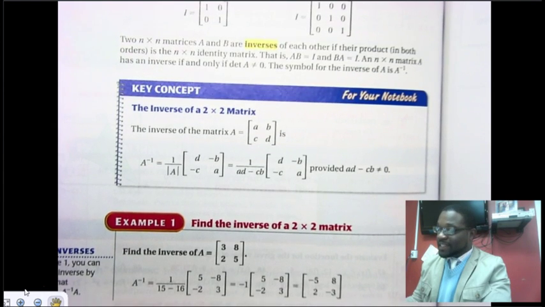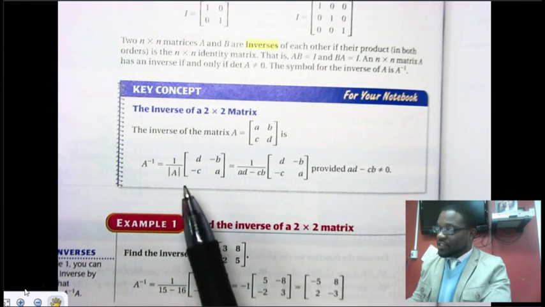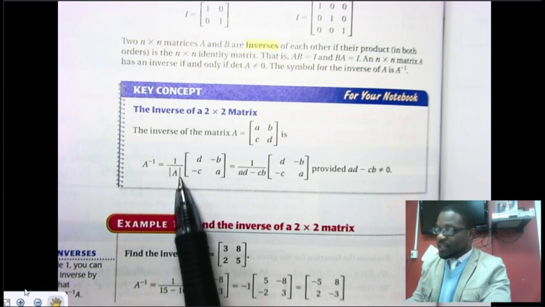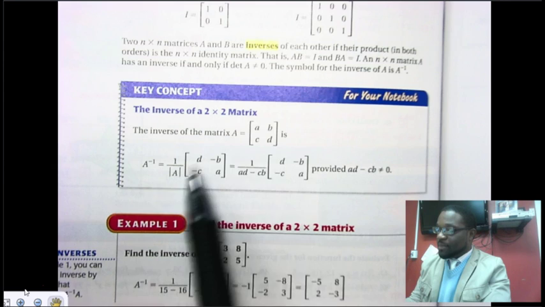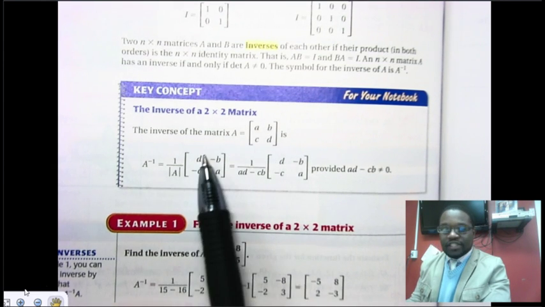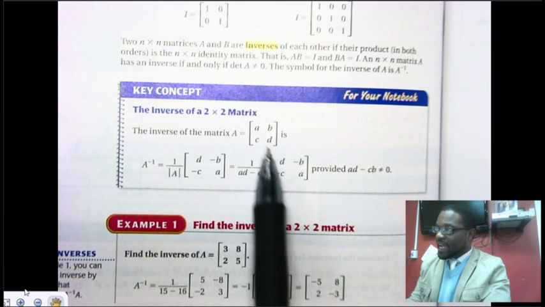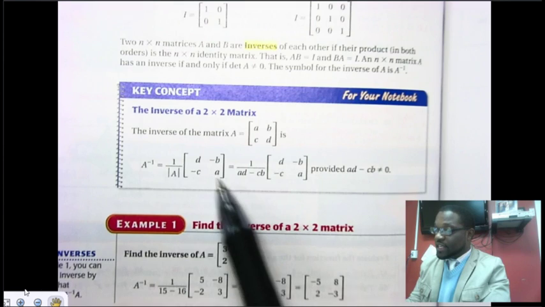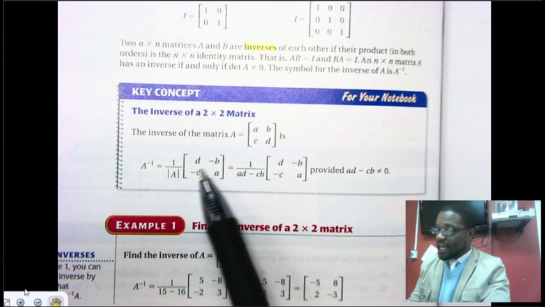The basic idea is you have to find the determinant. That's what this is. The inverse equals 1 over the determinant times the matrix here, but it's changed. Look what's changed here. The A and the D have flipped, and the C and the B have changed signs.